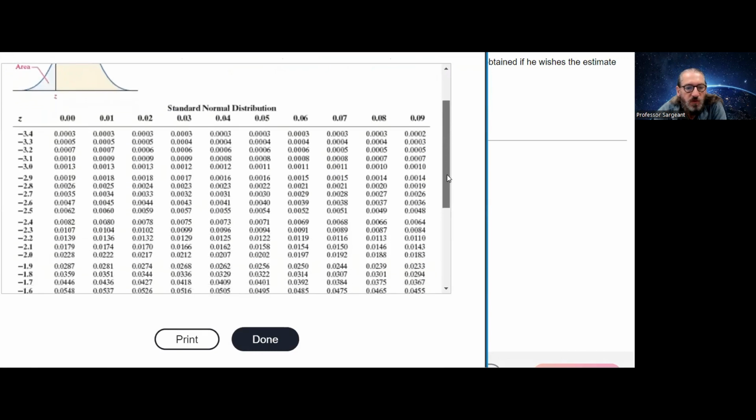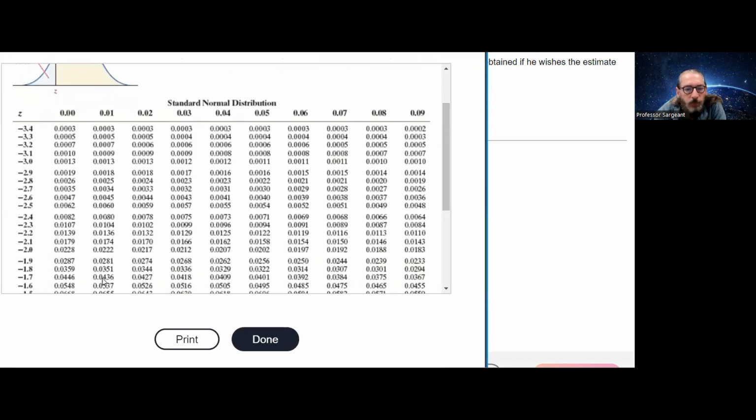The closest z-score: there's nothing with 0.02 in the negative 2.1 row. We have things less than that, 0.022. Here it starts off higher.